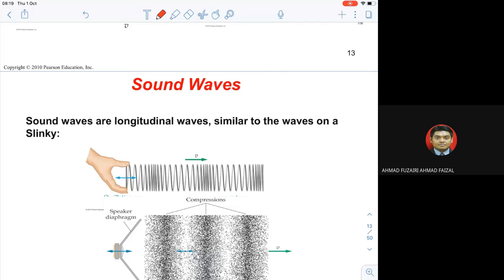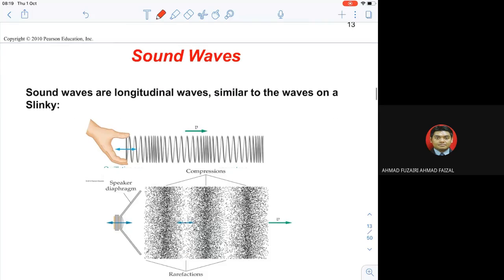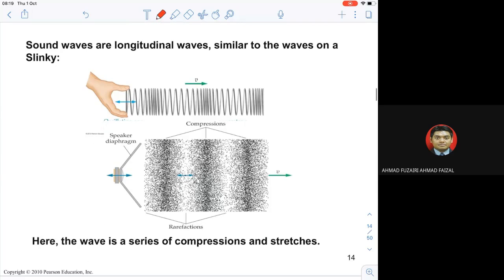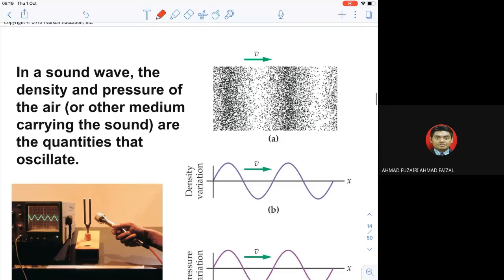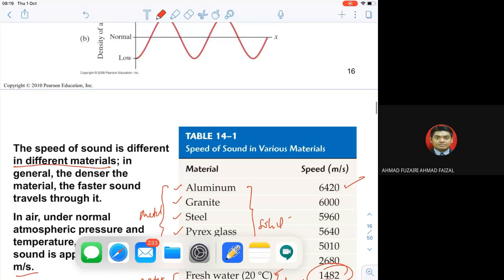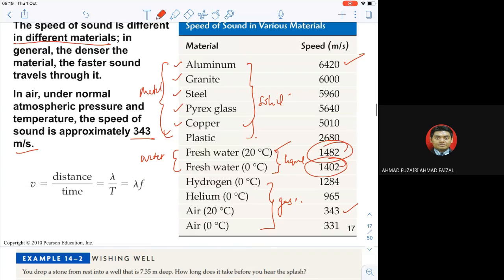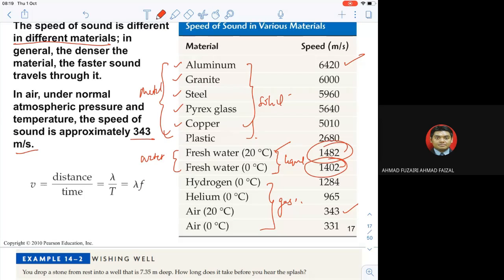Sound waves are longitudinal waves, similar to a wave on a slinky spring. We also talk about the speed of sound, which differs between materials: a solid, a liquid and a gas have different speeds of sound.